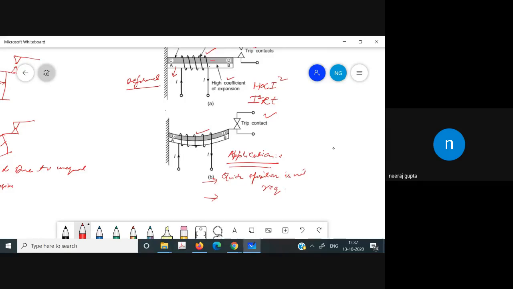One of the applications in which it is commonly used is to provide protection against the prolonged overloading of motors.